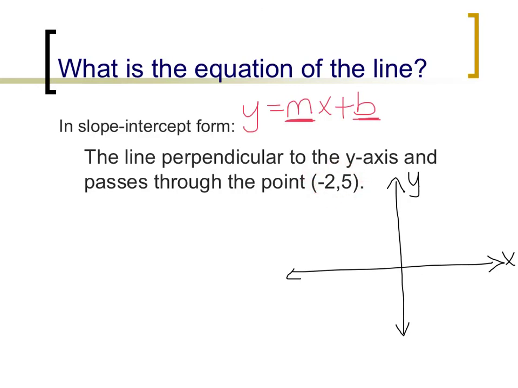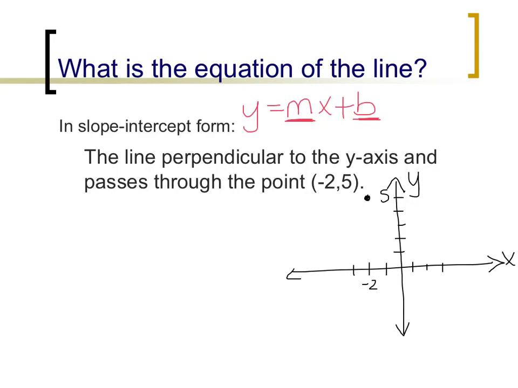So here, all I really need to do is plot this point (-2, 5). So here's -2 on the x-axis and 5 on the y-axis. So here's that ordered pair (-2, 5). Since this line is going to be perpendicular to the y-axis, it's going to run parallel to the x-axis and through this point (-2, 5).